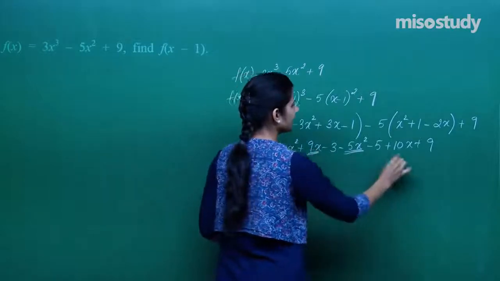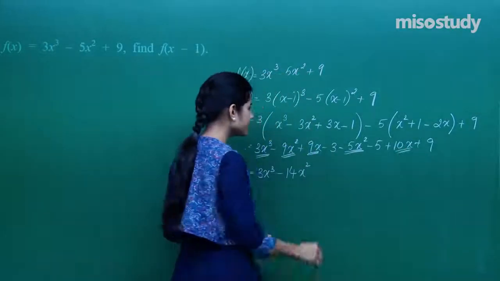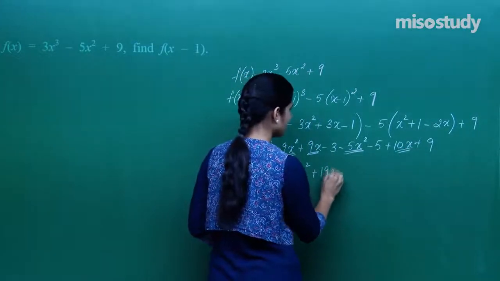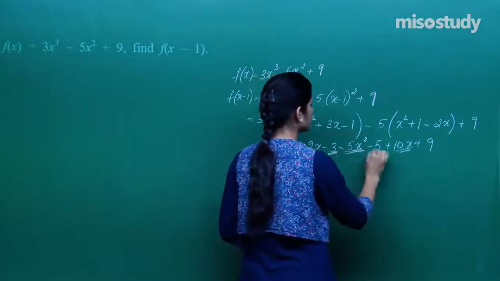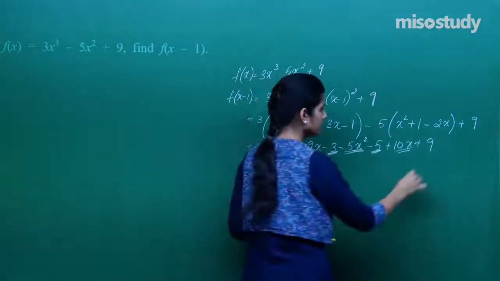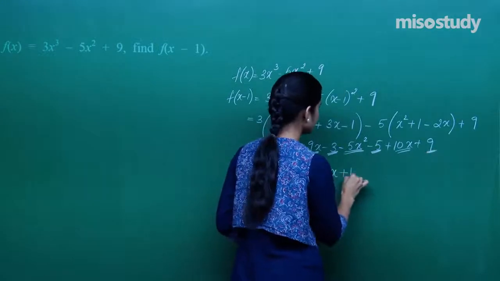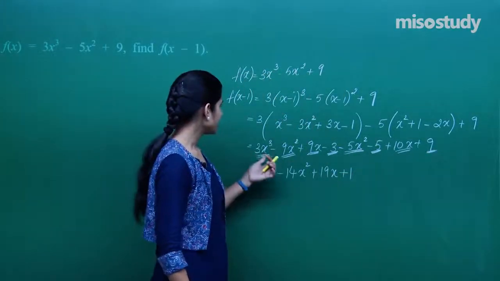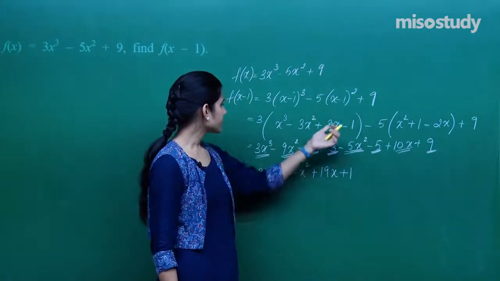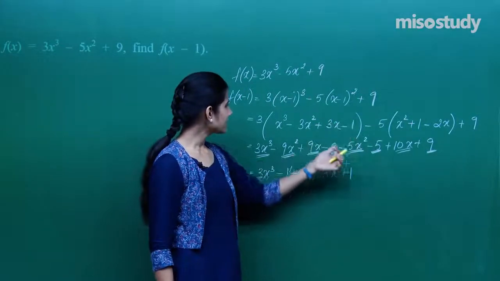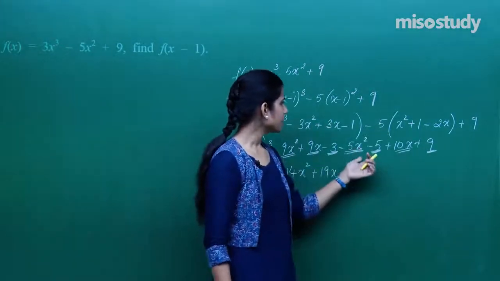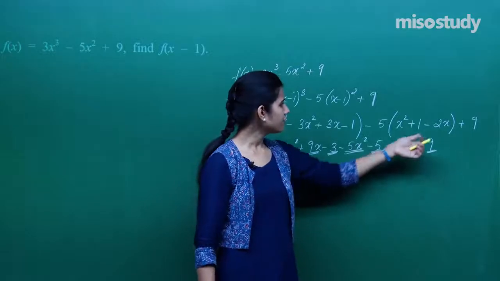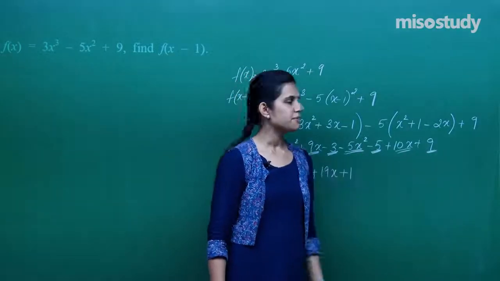Then you have plus 9x, this is plus 10x, so it is 19x. Then you have minus 3 minus 5, minus 8, minus 8 plus 9 is plus 1.